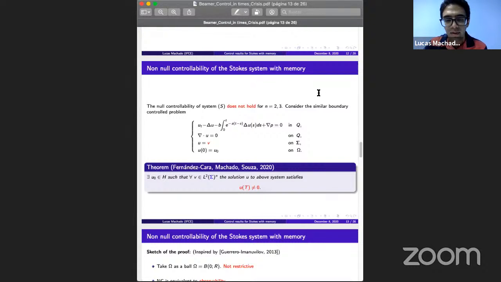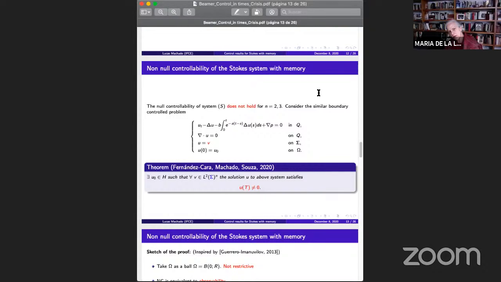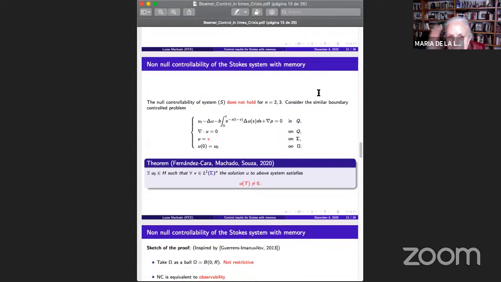Yes, but he wants to know if the bad result, let's say the non-controllability result, is robust with respect to the regularity.